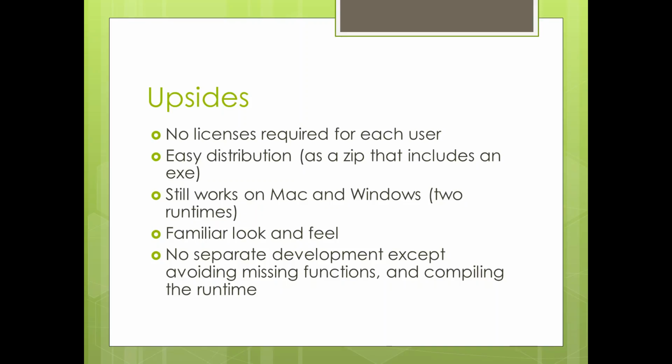You can create Mac runtimes from a Mac and Windows runtimes from Windows. Incidentally, in the course of this project, we found out you can also create Windows 32-bit runtimes, but you need a 32-bit version of FileMaker to create it. So the runtime is going to mirror the operating system and specs of FileMaker Pro Advanced.